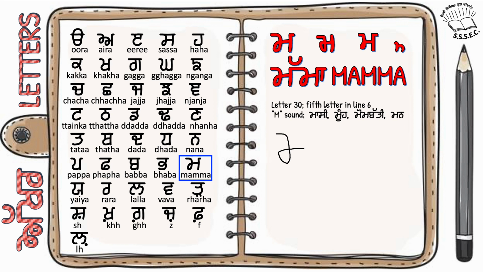I think sassa and mama are very easily confused, so when you're revising or practicing these letters, remember to say them as you're writing them, and pay special attention to letters which look very similar, which you could get mixed up. This is mama.